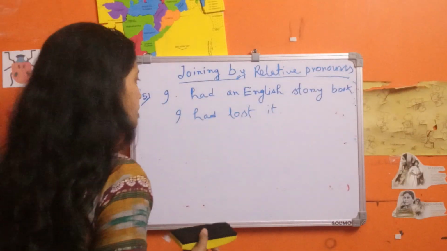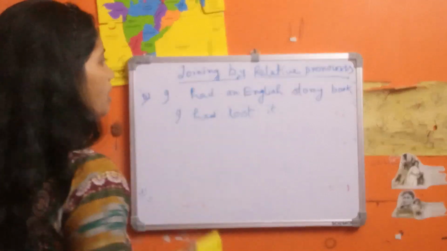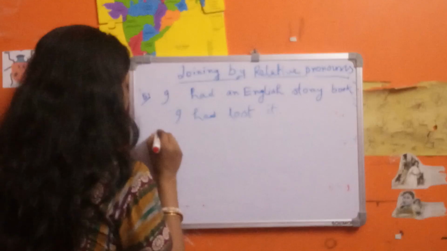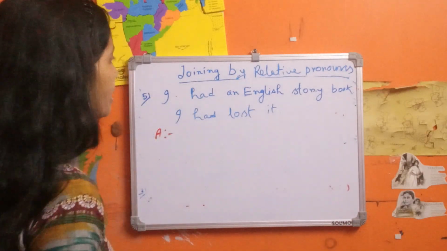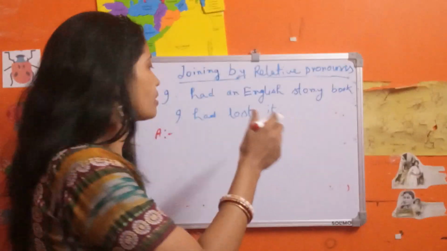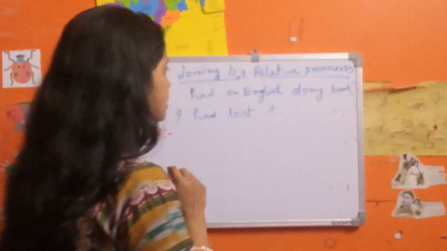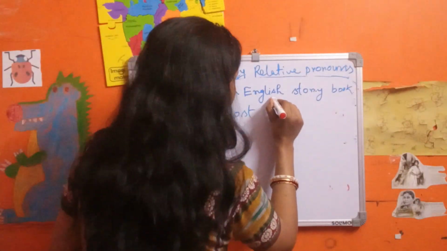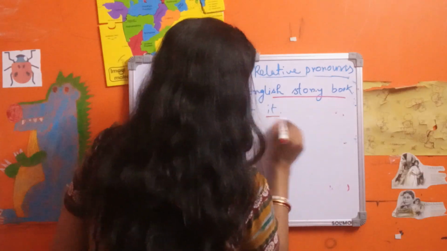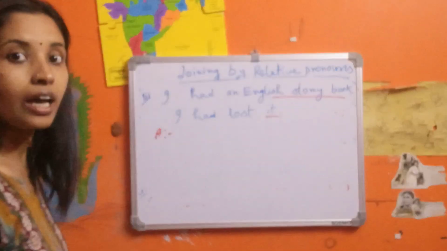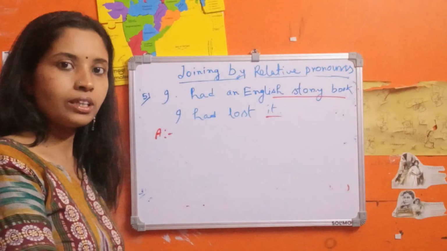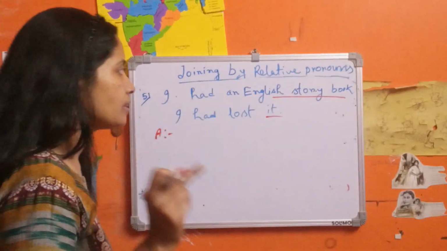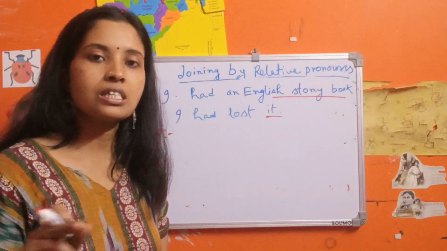I had lost it. What would be its answer? I had an English storybook. I had lost it. Here, look. English storybook and it are the same thing, and it is a non-living thing. That's why it would be connected with that or which, these relative pronouns.